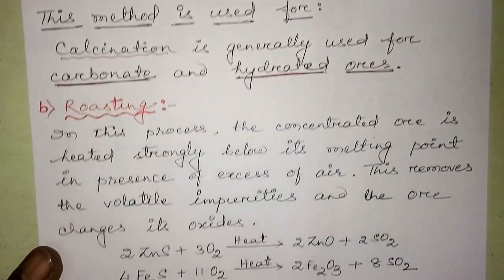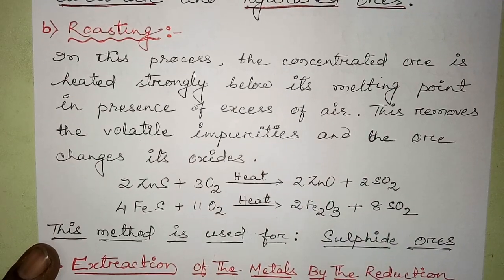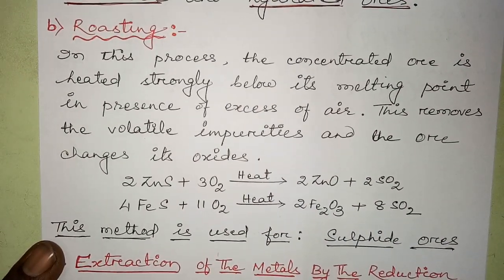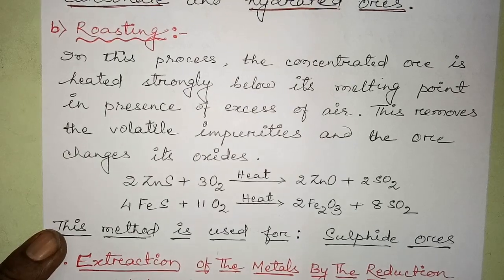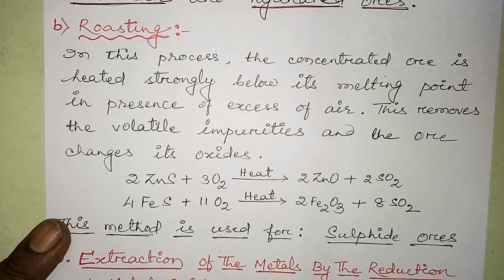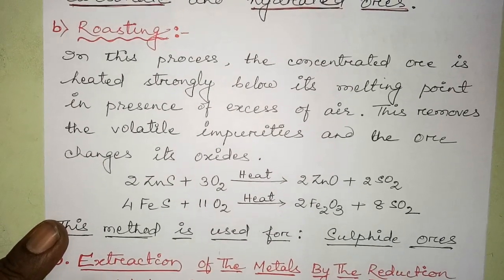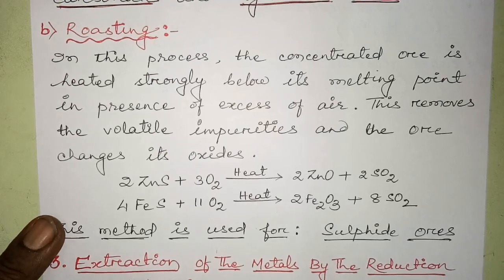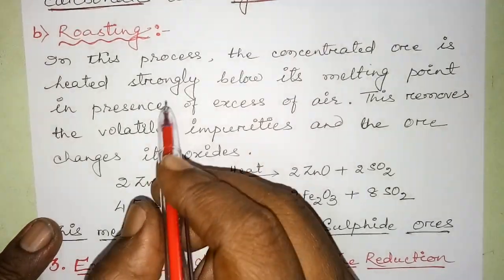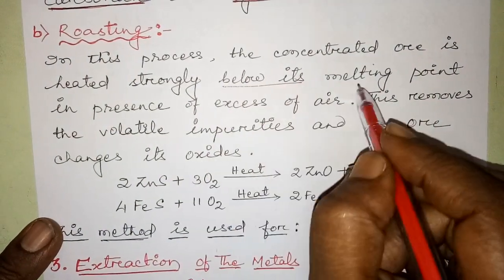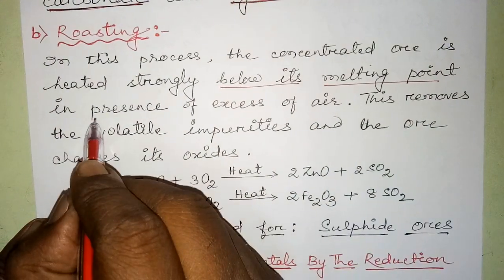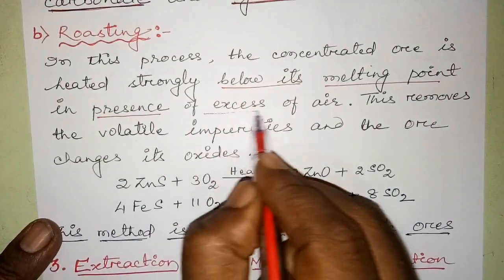Clear? The next method is roasting. We discussed calcination and this is roasting, to convert the concentrated ore to its metallic oxide. So what happens in this method? The concentrated ore is heated strongly below its melting point. The same thing, but here in presence of excess of air.